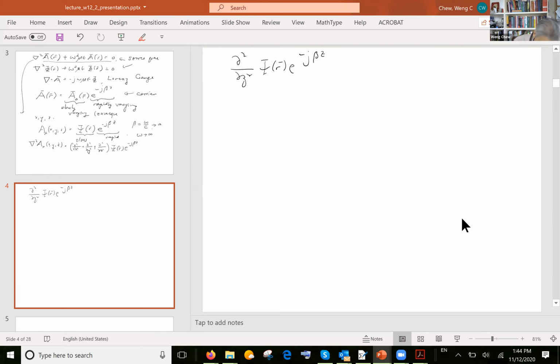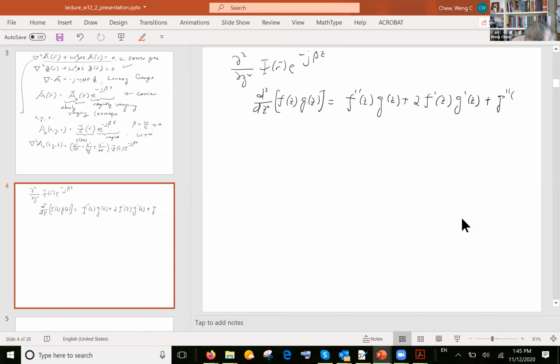Using the fact that if you have a second derivative of a product of two functions like f(z) g(z), it is going to be the second derivative of the first term times g of z, plus two first derivatives, followed by the second derivative of the last term.